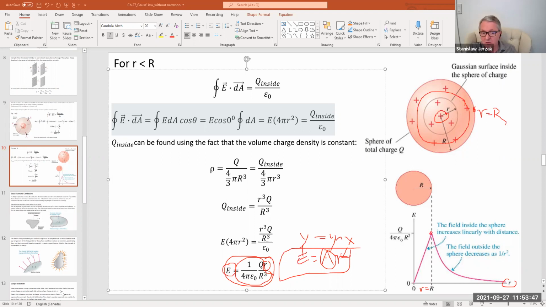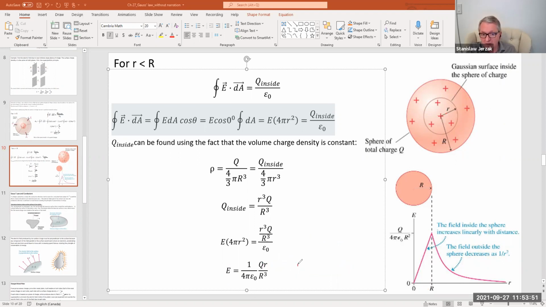So if you substitute for lowercase r, for r equal to capital R, you would have Q times capital R divided by R cubed, and here that constant 1 over 4 pi epsilon 0. I'm writing very fast, because this R and this R would simplify to R squared. So the maximum value of the electric field is at this point, when lowercase r is equal to capital R.